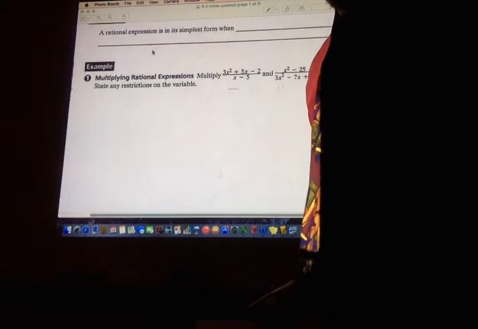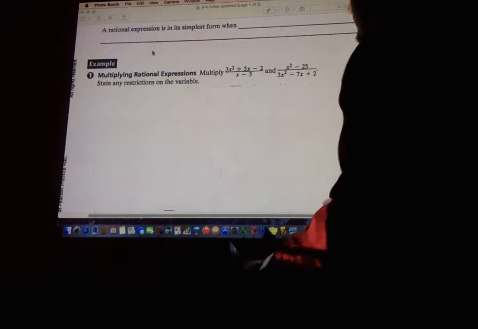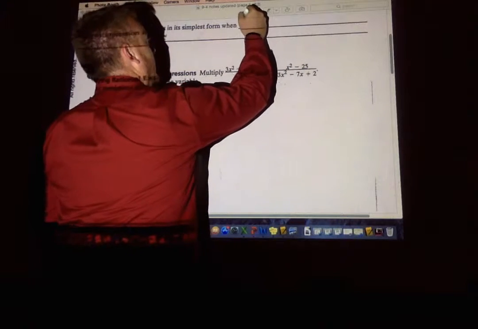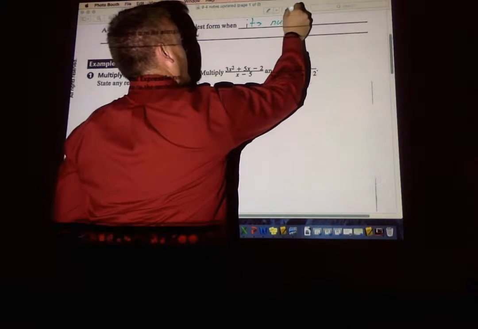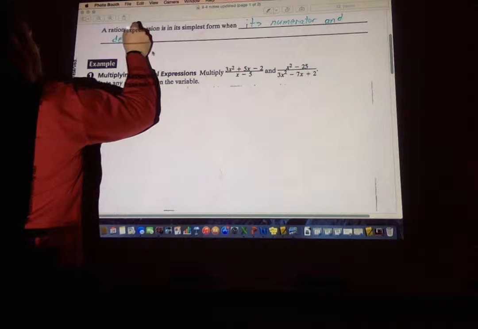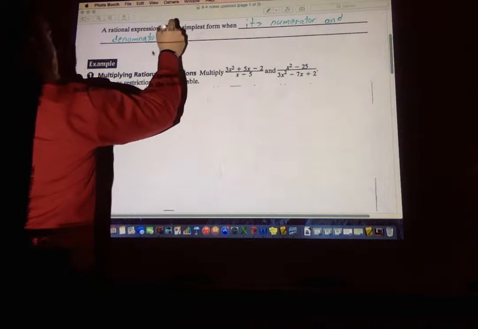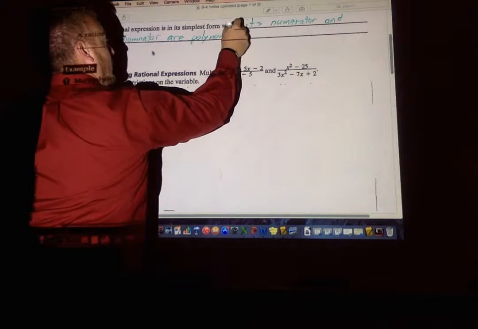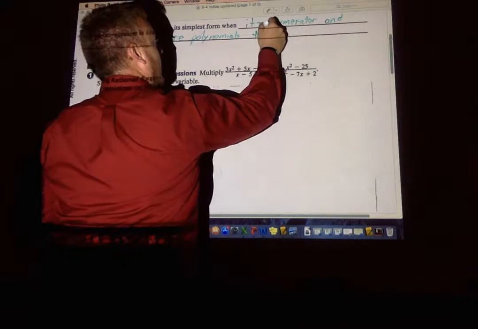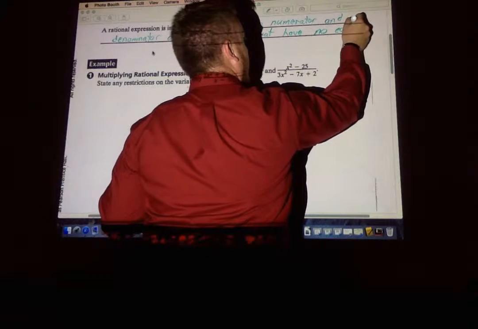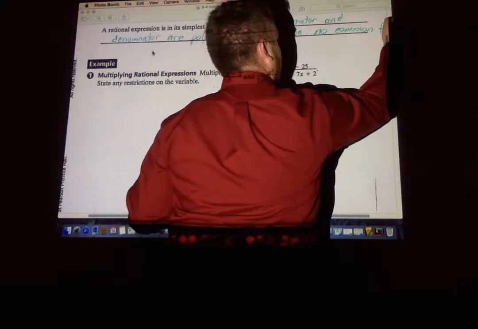Number one here, our vocabulary: a rational expression is in its simplest form when its numerator and denominator are polynomials that have no common factors.